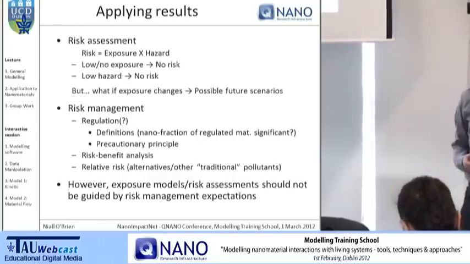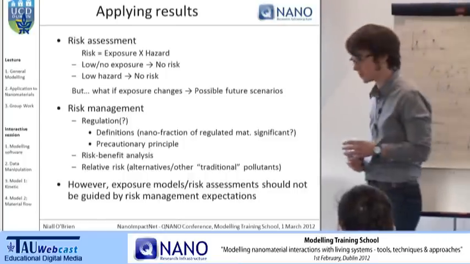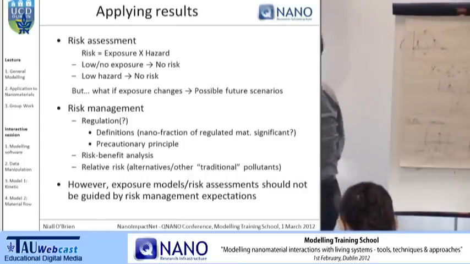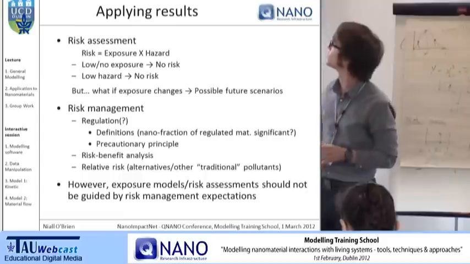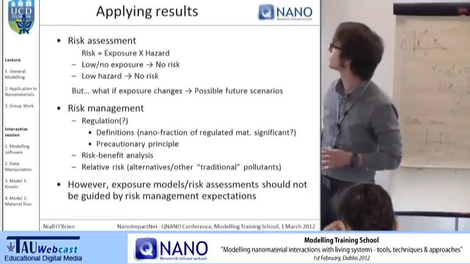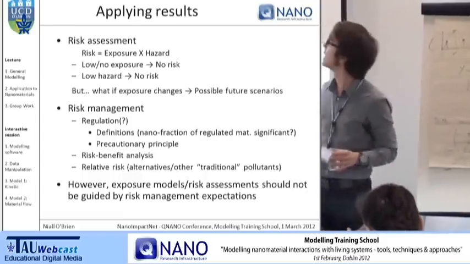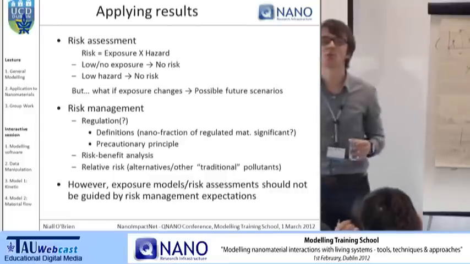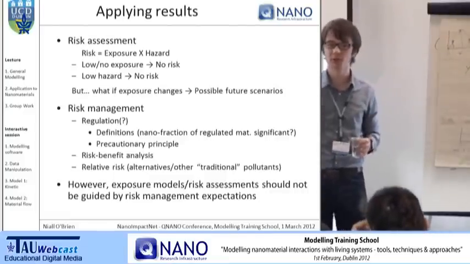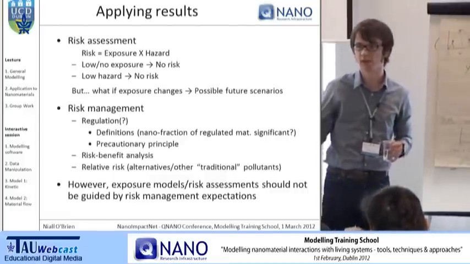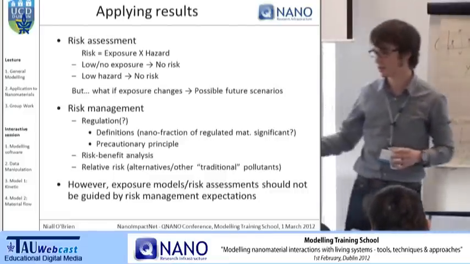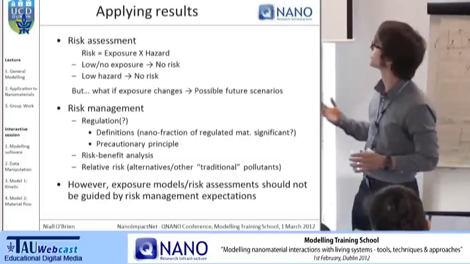And sometimes, if we model the potential exposure or future exposure, if we find there's no exposure or very low exposure, there's no risk. If we find there's no hazard, there's no risk. But modeling, again, may be quicker, may be cheaper than doing the ecotoxicological testing. So it can be used for risk assessment.